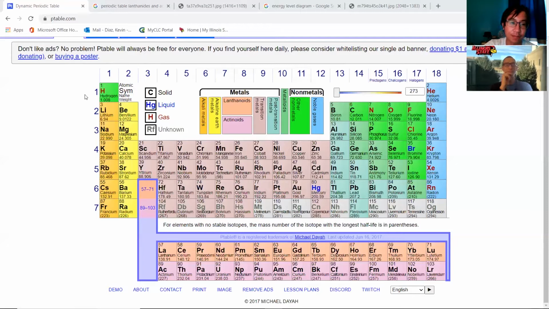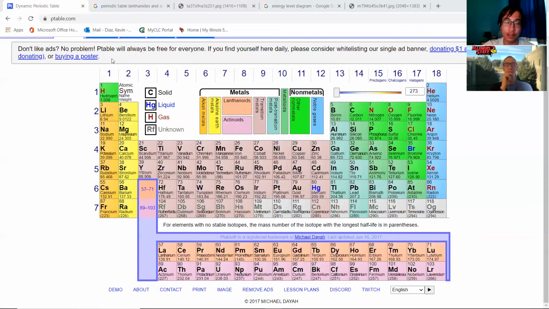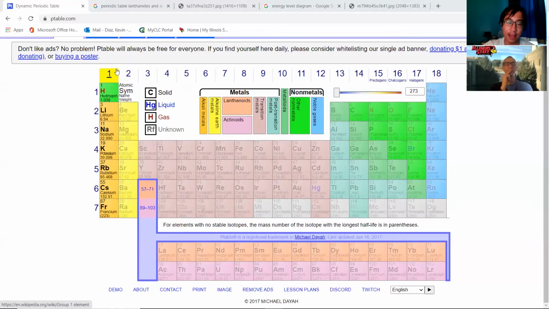But basically, the periods organize the elements through energy levels. So this is the first energy level, second, third, fourth, so on. And the groups organize the elements by the number of valence electrons the atom has. So all the atoms in group 1 have 1 valence electron.